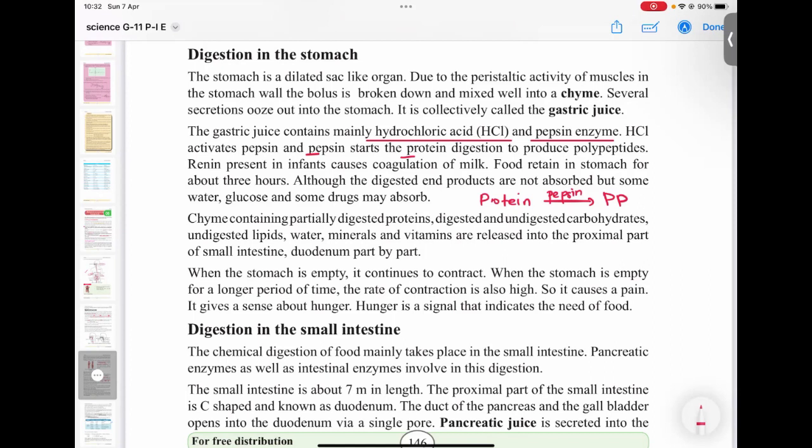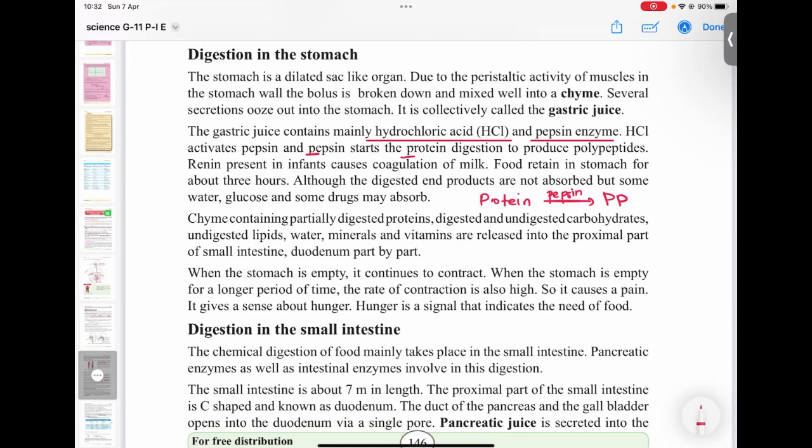Many polypeptide chains will form a protein. You can remember it like that. When you go to A levels you study it very clearly. But polypeptides are chains of amino acids. So protein will be converted to polypeptides using an enzyme called pepsin. For the pepsin to work, you need hydrochloric acid.